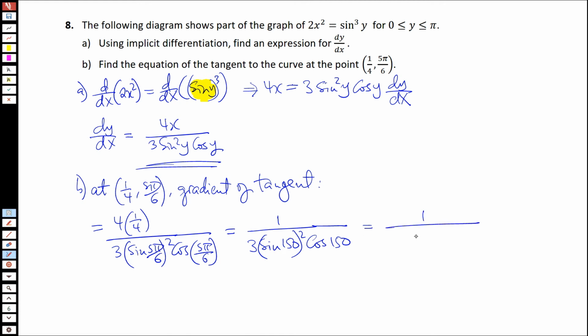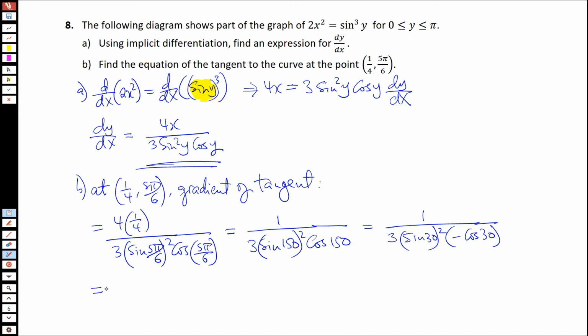Now, sine of 150 degrees is same as sine 30, so sine 30 squared multiplied by negative cos 30, because 150 is negative cos 30.